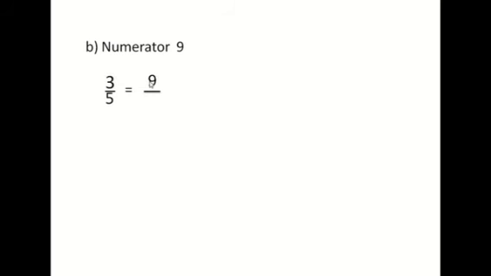So how to make it 9? Multiply by 3. So you have to multiply the denominator also with 3. So please do it. So 3 into 3 by 5 into 3. So what will be the equivalent fraction? 9 by 15. It is very easy. So I hope you also have completed the sum.